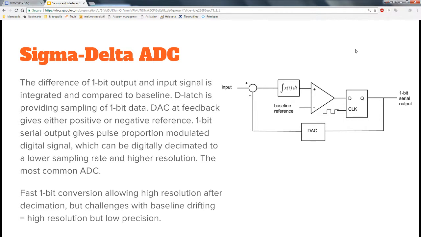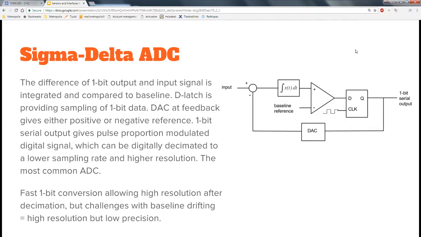There are different configurations of how sigma delta works, but fundamentally you are integrating a difference between the input signal and a D to A conversion of the 1-bit serial output.